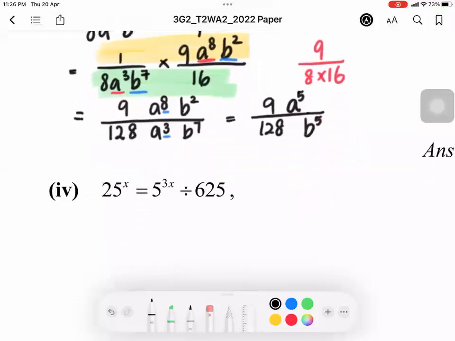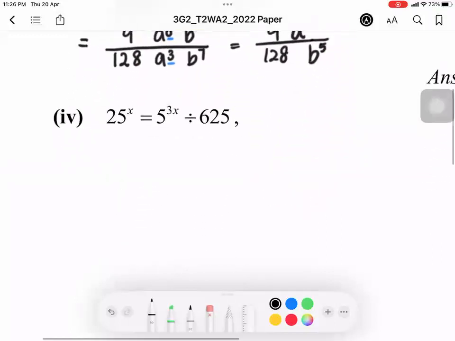Okay, let's move on to the next part of the question. Oh, there are so many different denominators, right? There are so many bases: 25, 5, and 5 to the power 3. What do we do? We change them all into the smallest prime factor. So 25 divided by 5 gets 5.